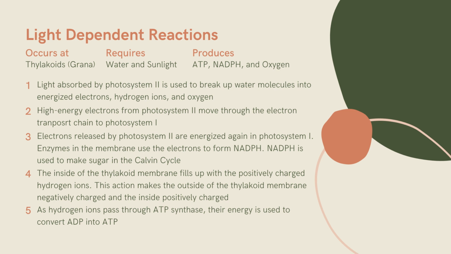NADP+ then picks up these high energy electrons, along with hydrogen ions that we have produced in the second step, on the outer surface of the thylakoid membrane, to become NADPH.